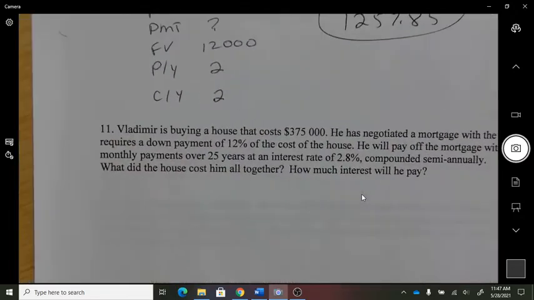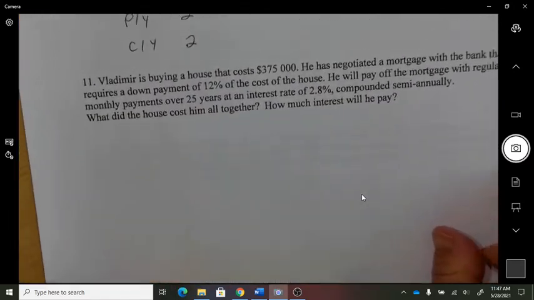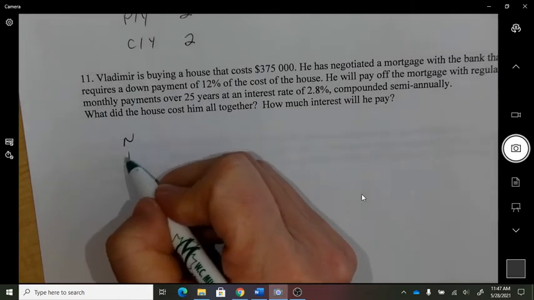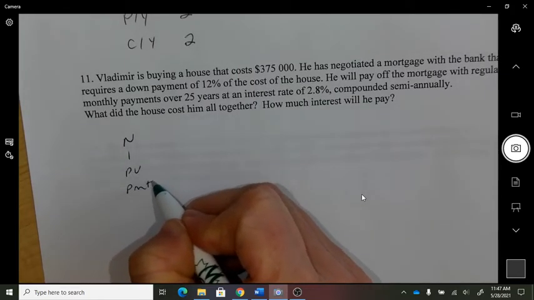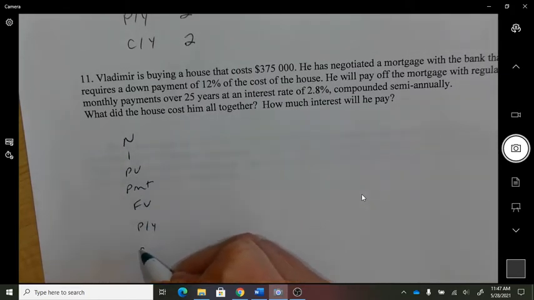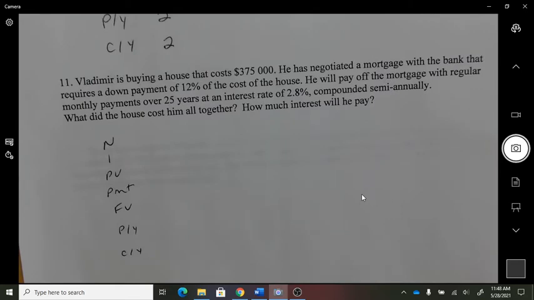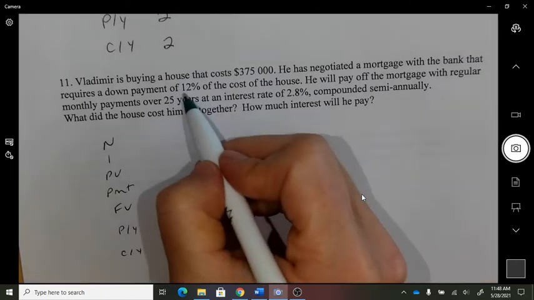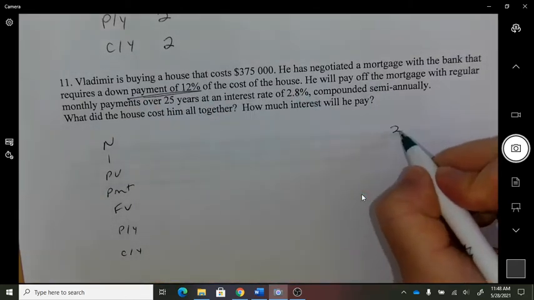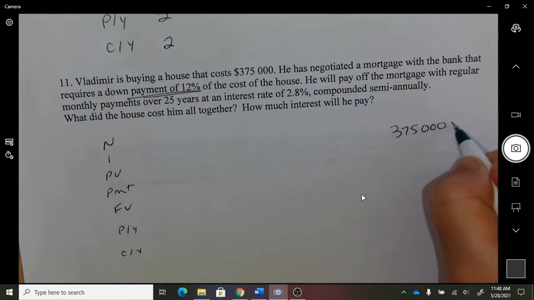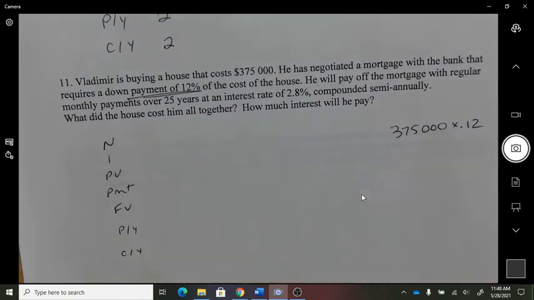Okay, buying a house. So buying a house, you are going to be making regular payments. Okay. $375,000, but down payment. So on the start here, we're going to already have to put 12%.